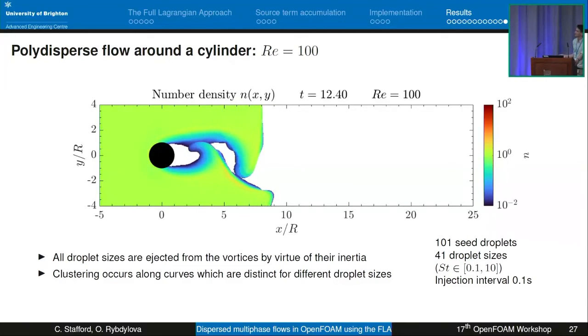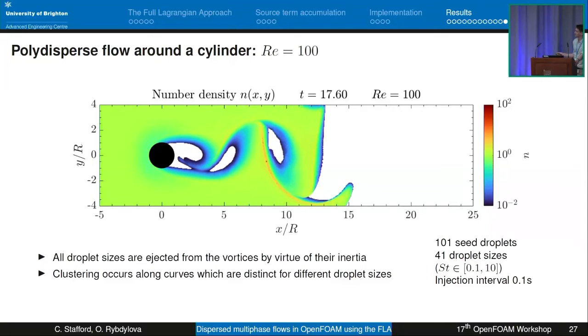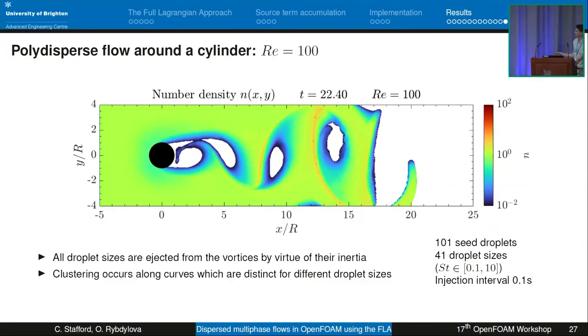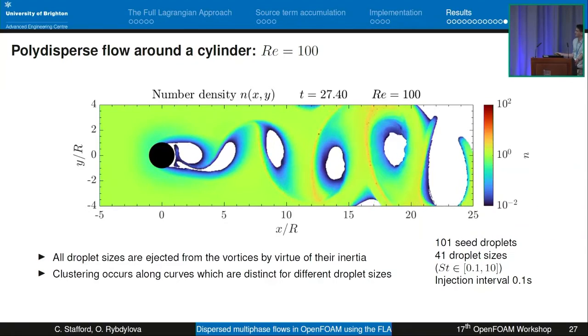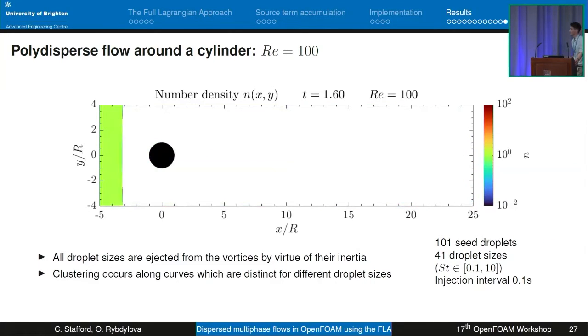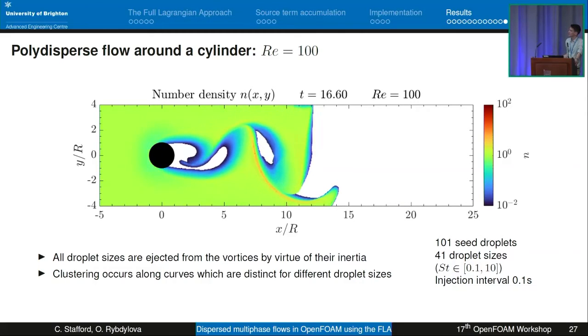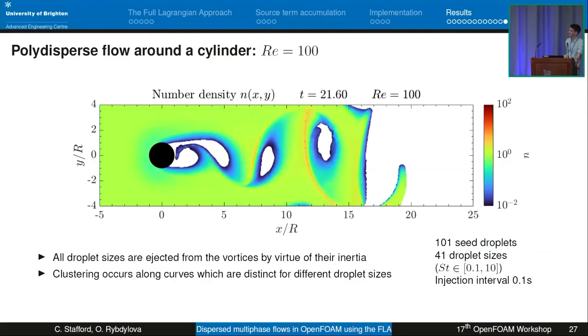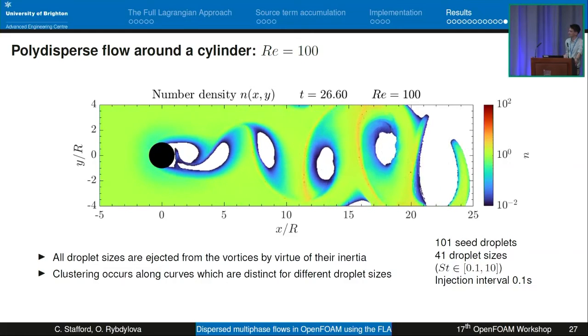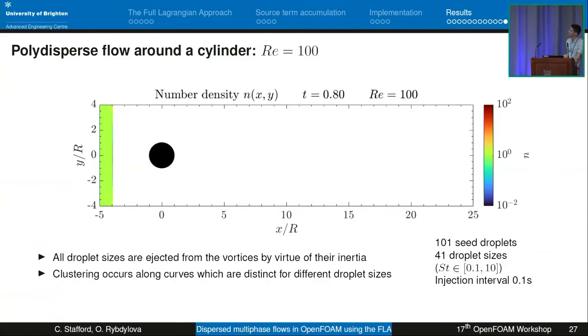So this required more droplets to actually construct the picture. As well as our different sizes and number of seeds, we're injecting them regularly again, just so we can get the full transient picture. And as with the monodispersed cases, we get clustering occurring along distinct curves.